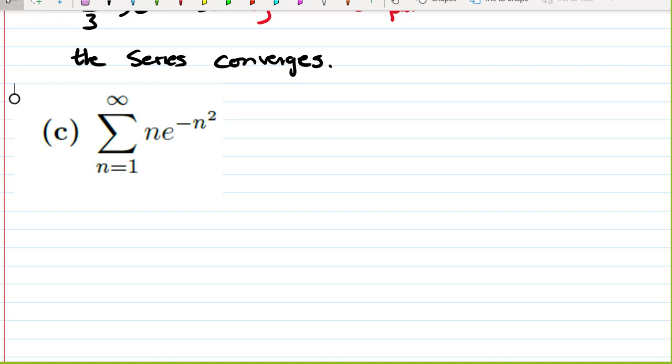So when we look at our series, our a_n are n e to the negative n squared, which if we move that exponent from the numerator to the denominator because it's negative, we would get n over e to the n squared.